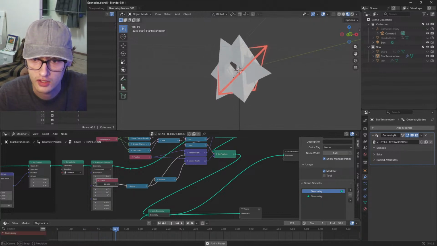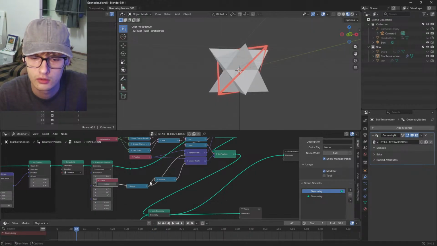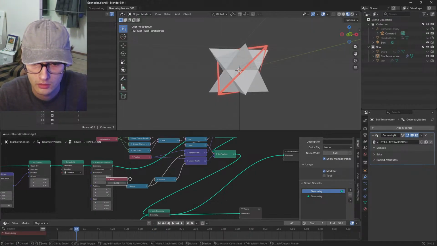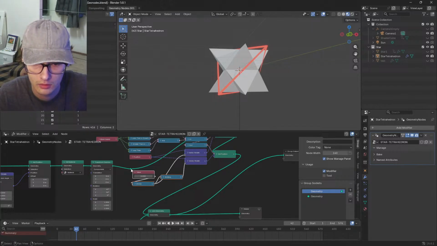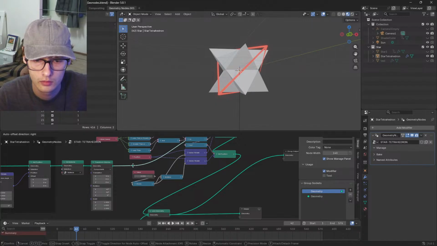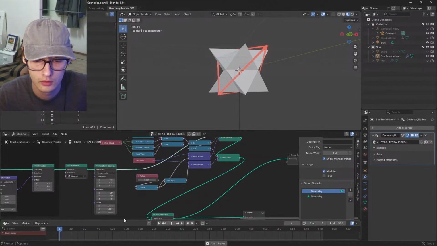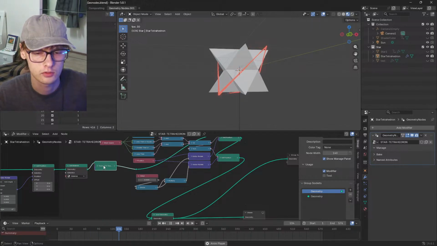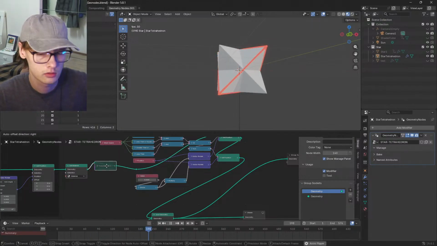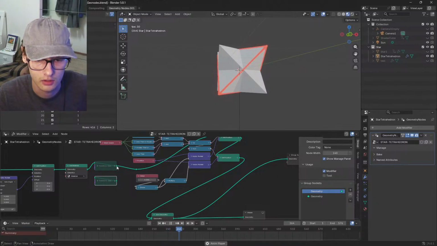I had this thing I was kind of doing, which is another experiment. Just gonna mute this one and give it a different angle.